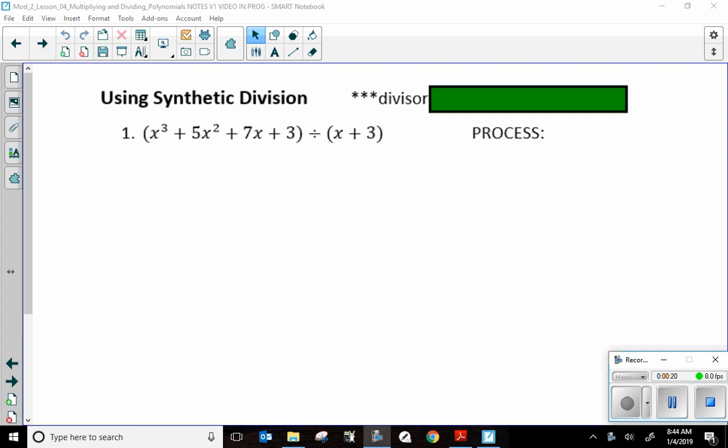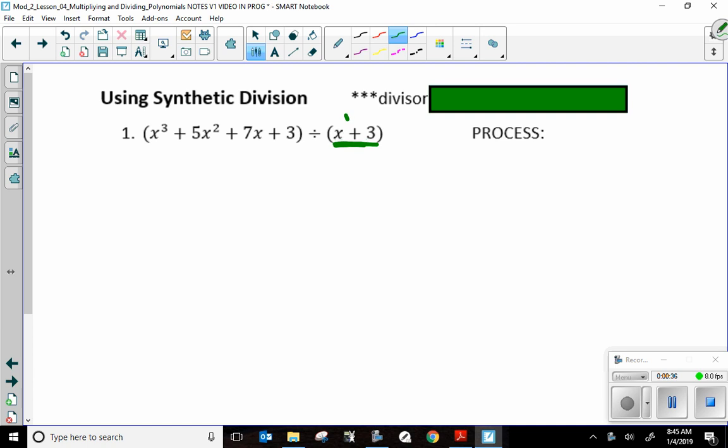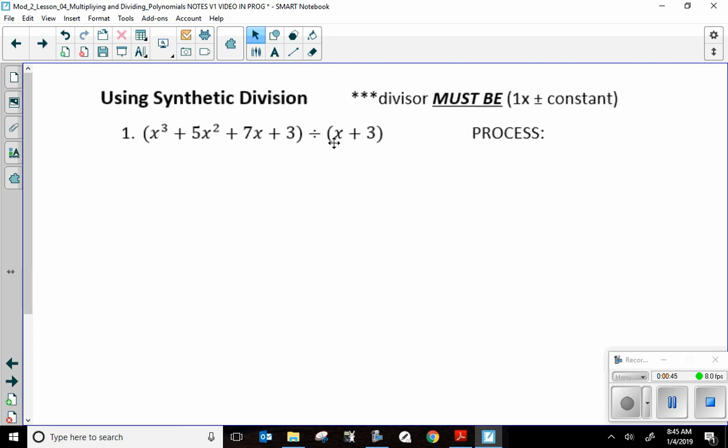And despite the name synthetic division, I believe this is actually the easiest of all of them. It cannot always be done, okay? And here's a suggestion, all right? The divisor, which is the expression that you're dividing into the larger expression, must be 1x plus or minus something, like I have right here.